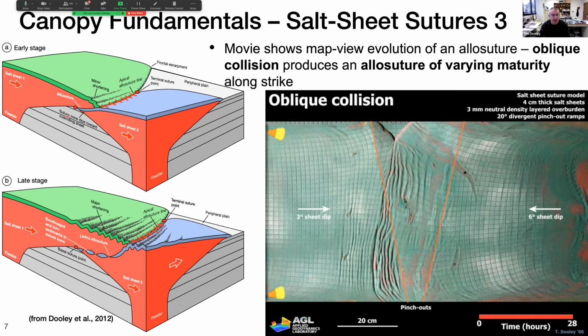Another model over here shows an early stage, and this is at the end, where the suture itself, which has entrained sediments here, has been bowed, has flexed downwards and been torn.